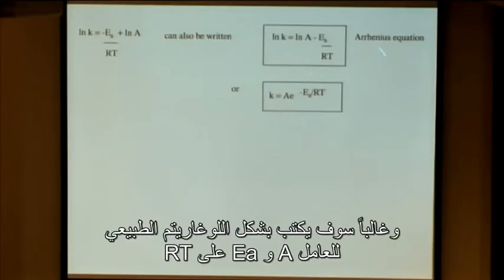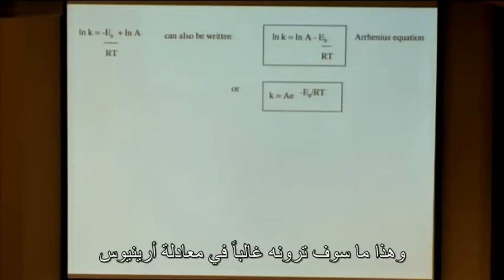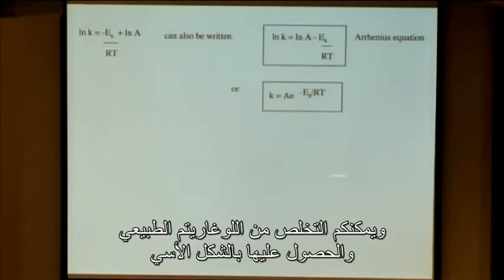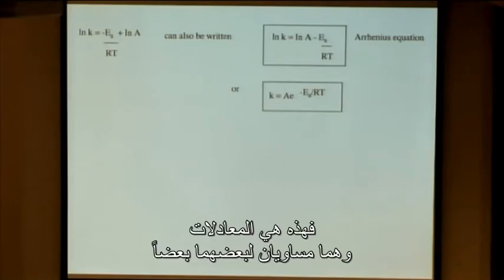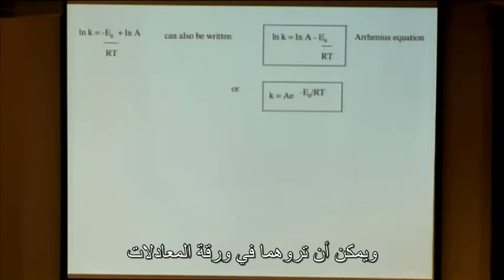It will often be written with just natural log of A and the EA over RT term reversed. That's as a straight line, and this is often what you see for the Arrhenius equation. You can also get rid of the natural logs and have the term exponential. So you have k equals factor A times e to the minus activation energy divided by RT. Those are the equations, all equivalent to each other, that you might see on your equation sheet.